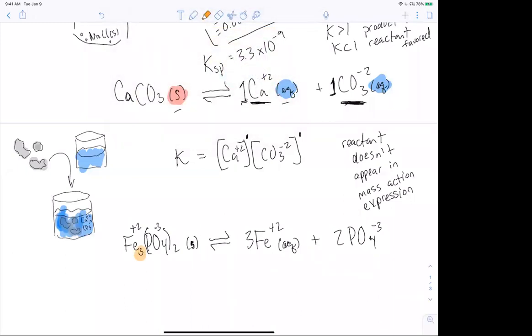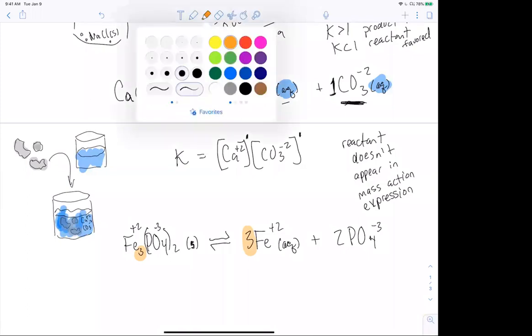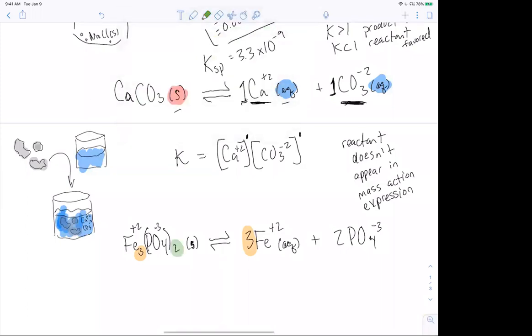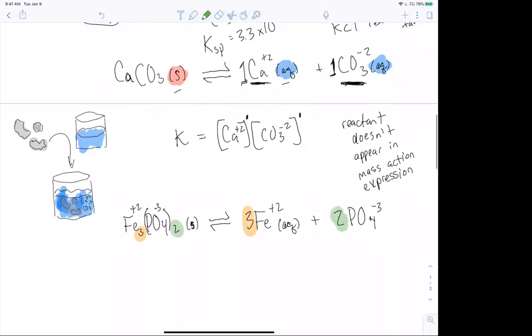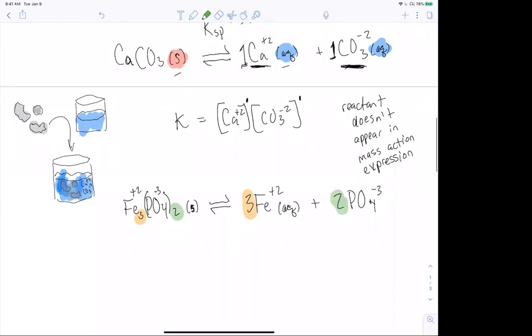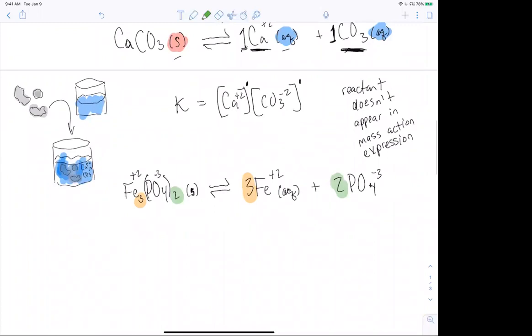If we look at the cation, when you're trying to write these things out, and hopefully this isn't a big problem for you guys, but I know it is just from having taught this class, some of you struggle with this. The subscript just pops out front in the net ionic equation, or when you're looking at these solubility things, right? So I just carry that over, and that balances the equation automatically.